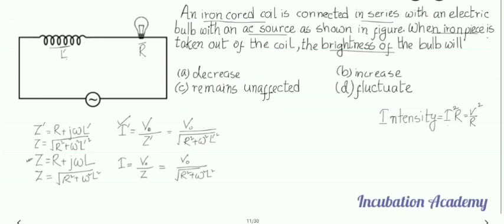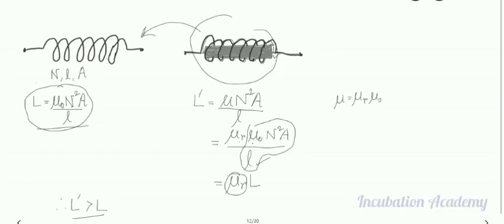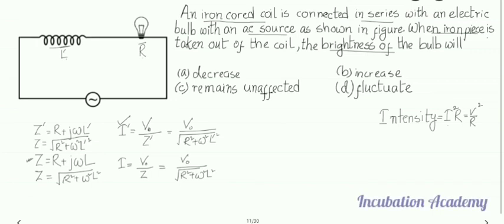Now we can do a simple comparison. I prime, which one is greater? L prime is greater, L is less. Since L prime is greater, the denominator of the I prime expression will be greater compared to the denominator of the I expression.